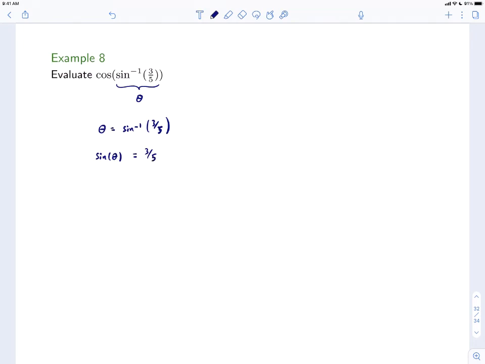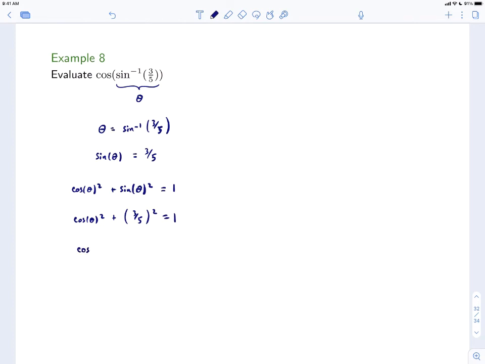Well, once you know what sine is, you can work out what cosine is using the Pythagorean identity, because we know that cosine of theta squared plus sine of theta squared is equal to 1. Okay, but we know what sine of theta is. So cosine theta squared plus sine of theta, which is 3/5, squared is equal to 1.